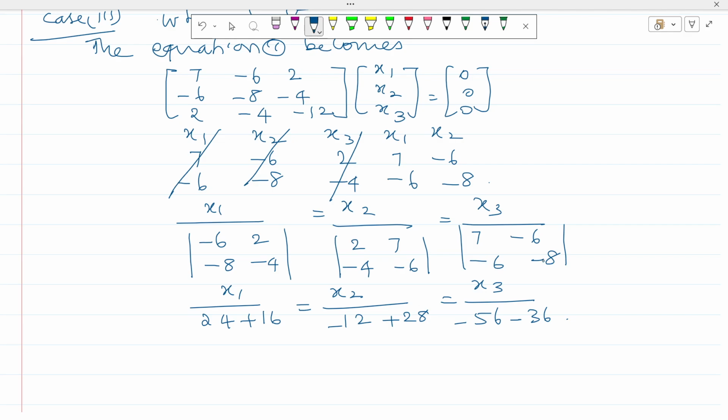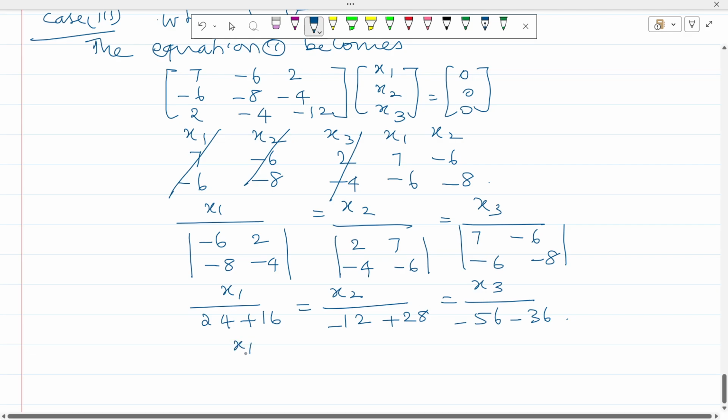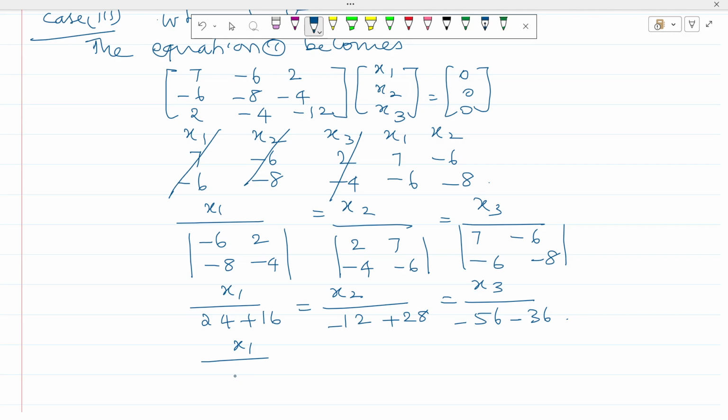Check it once again. Yeah, it is minus 7, no?